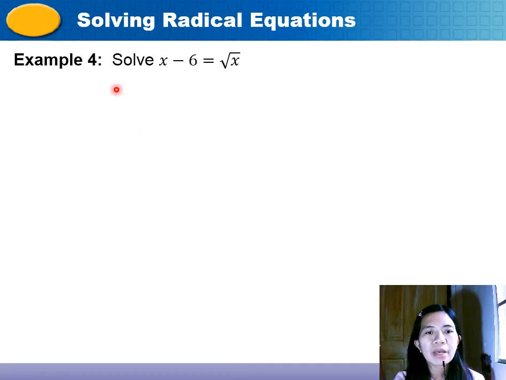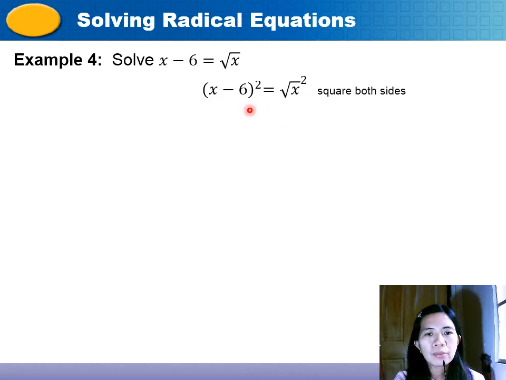Let's have example number 4. Solve x minus 6 equals the square root of x. Now, since this one is a square root, we are going to square both sides of the equation again. So by squaring, 2 divided by 2 will be equal to x.